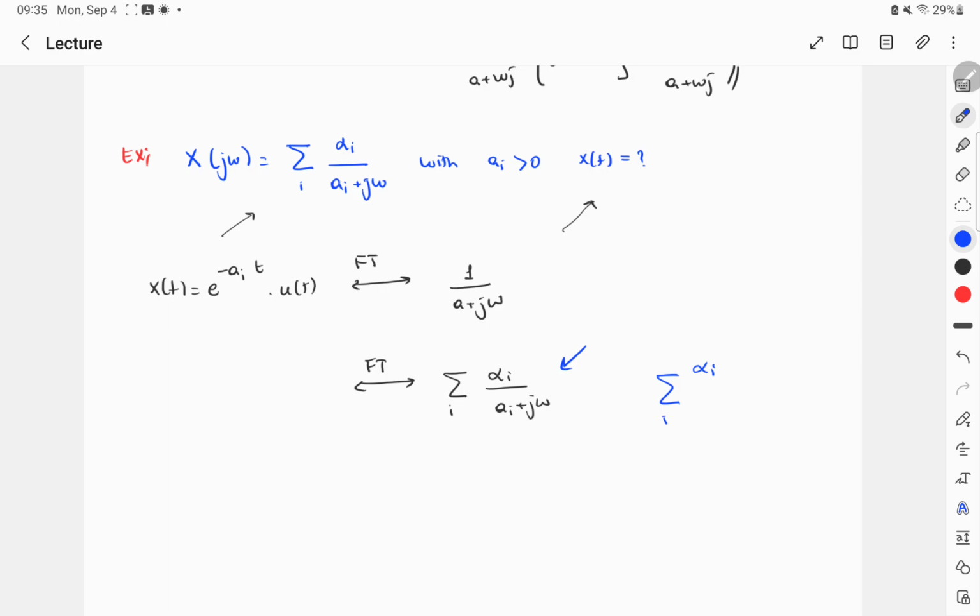That's why if we sum up the Fourier transform, it's true also vice versa. So we will sum up also the function itself. There will be a sigma also in the function itself, alright?